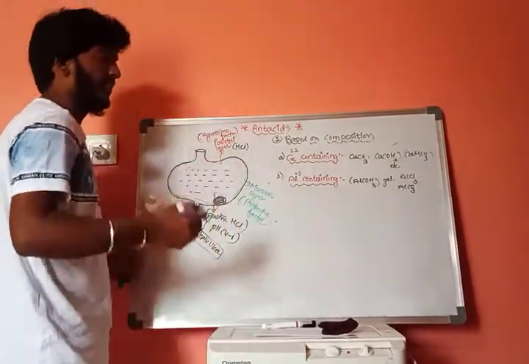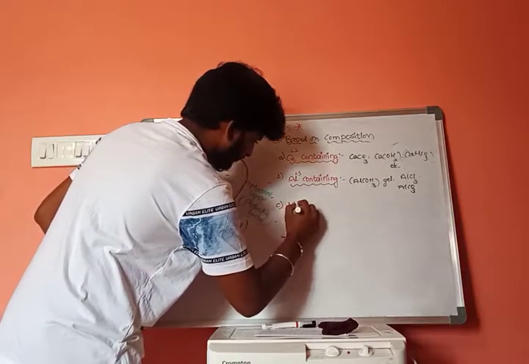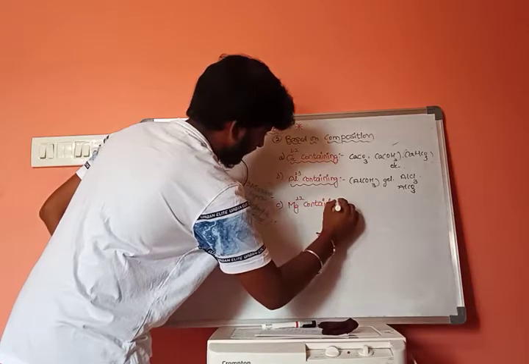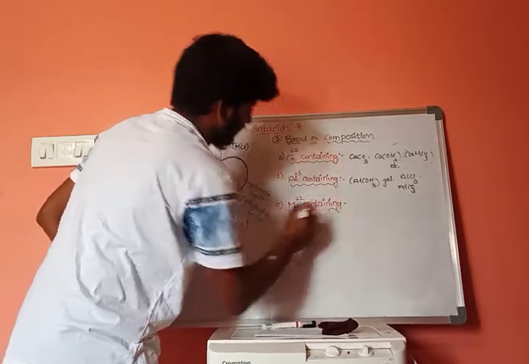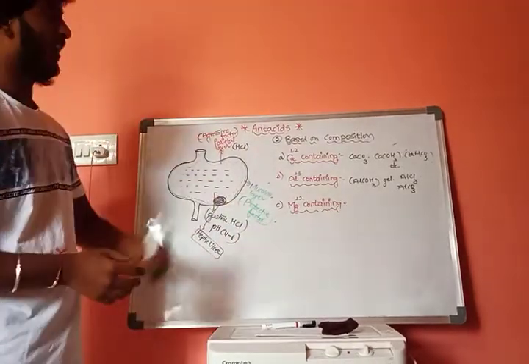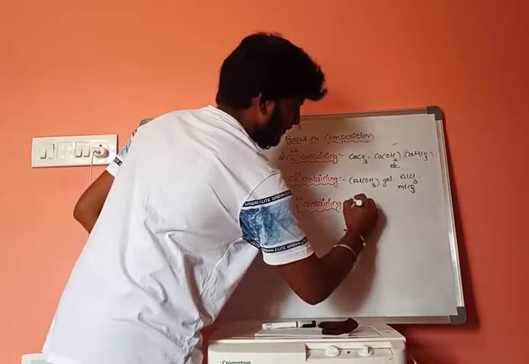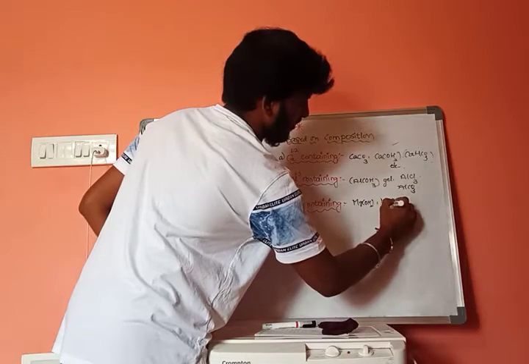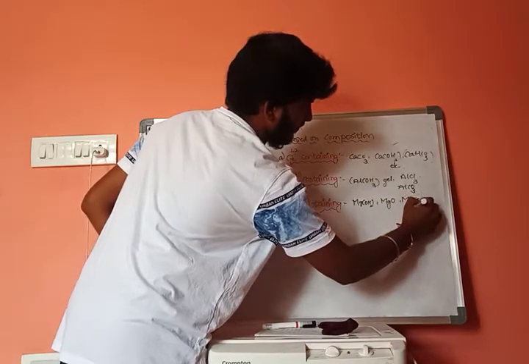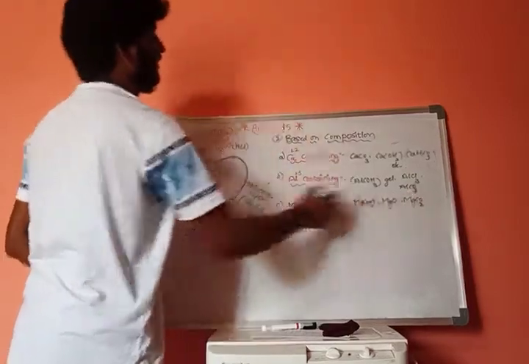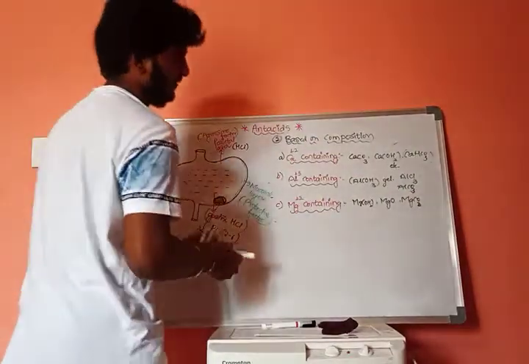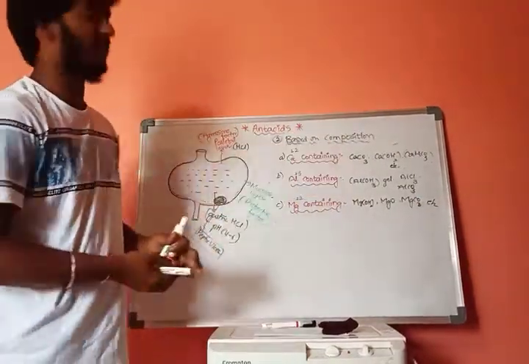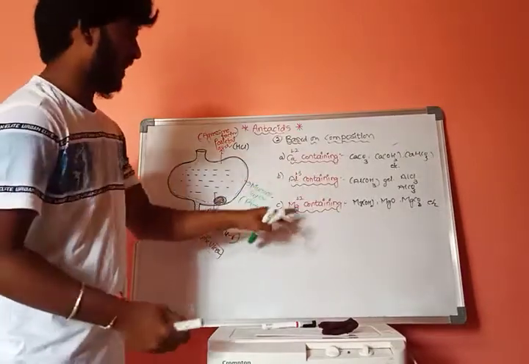And the third category is magnesium containing antacids. Examples: magnesium hydroxide, magnesium oxide, magnesium carbonate, etc. These are three different types of classifications based on composition, that is calcium containing, aluminium containing, and magnesium containing.